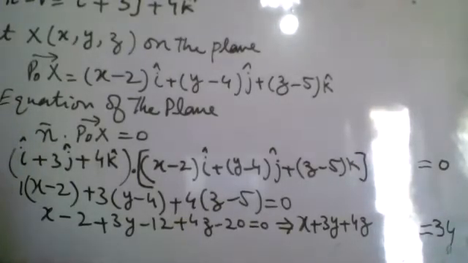OA will be the normal vector n, and A is given. We will find AX, (x minus 1)i plus (y plus 2)j plus (z minus 1)k, and n dot AX will be equal to 0, which is the equation of the plane.